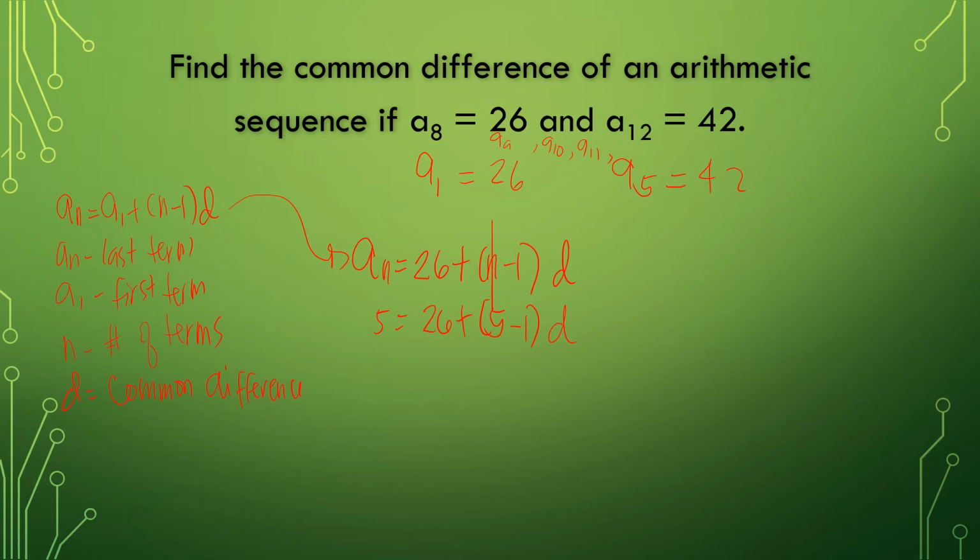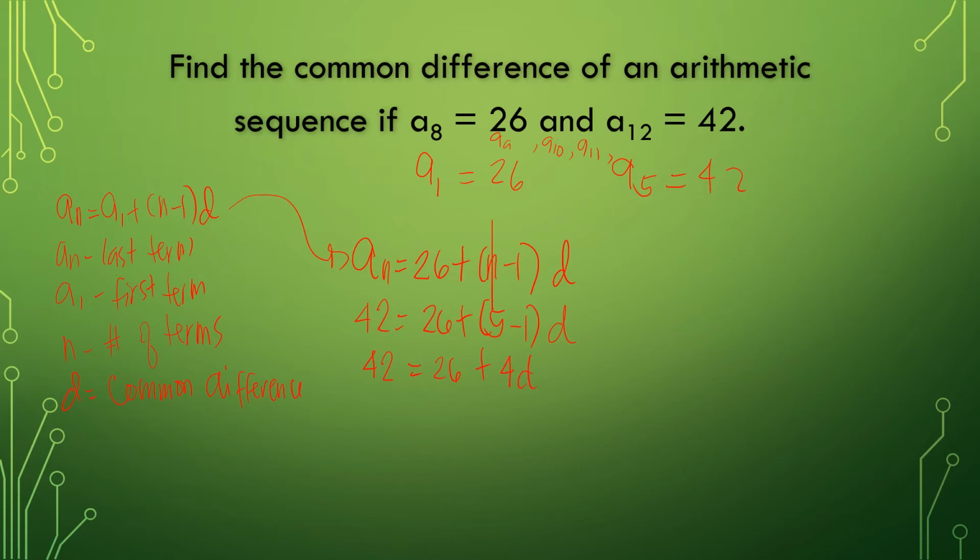So, we can write here 42. Then, simplify. 42 is equal to 26 plus 5 minus 1, which is equal to 4d.